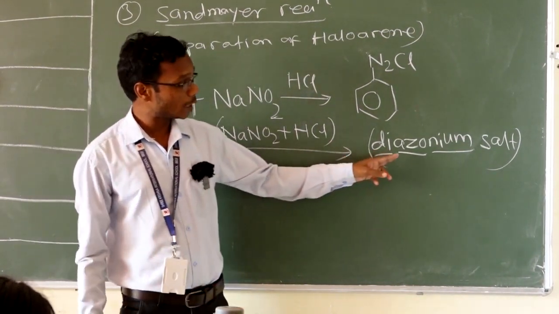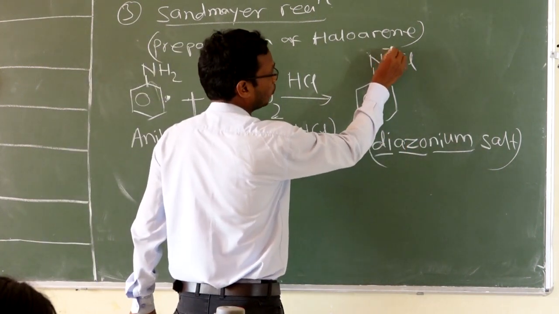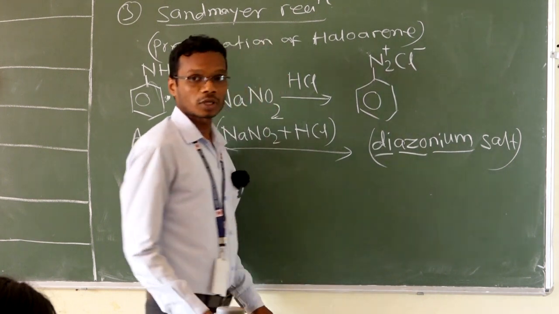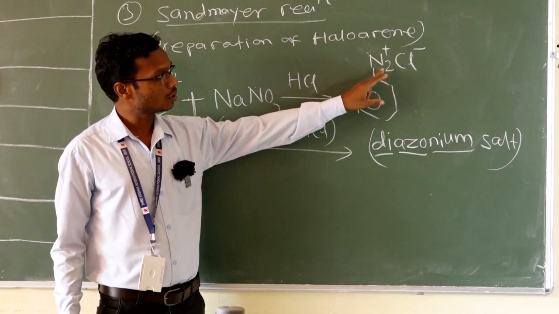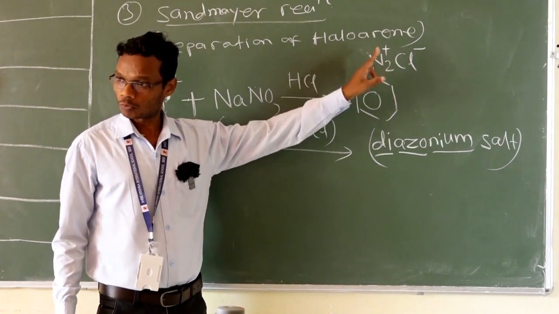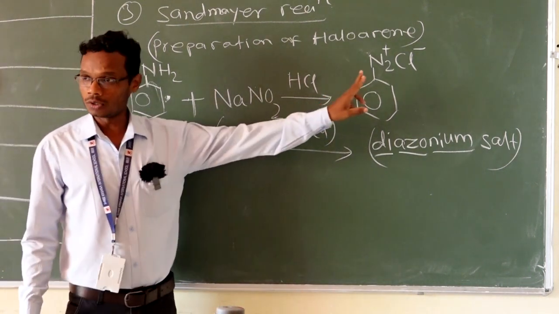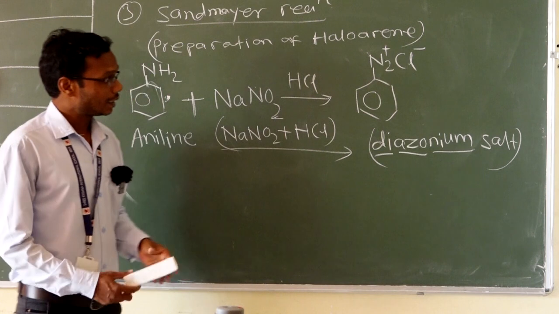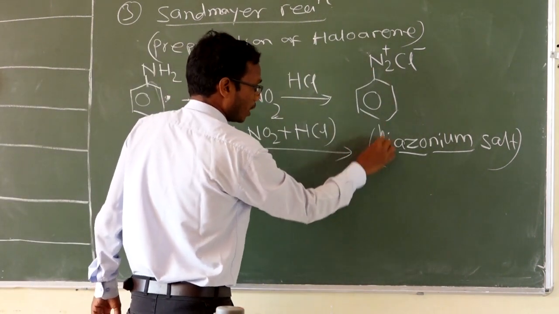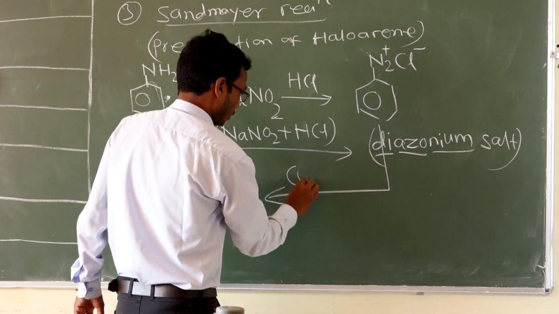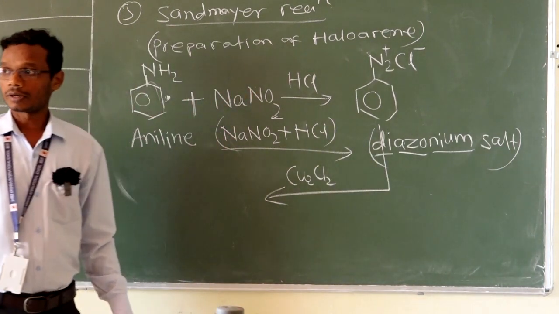This is a diazonium compound. This N2Cl is represented by N2 plus and Cl minus, because there are 2 nitrogen atoms above the benzene ring. Now aniline is converted into benzene N2Cl.